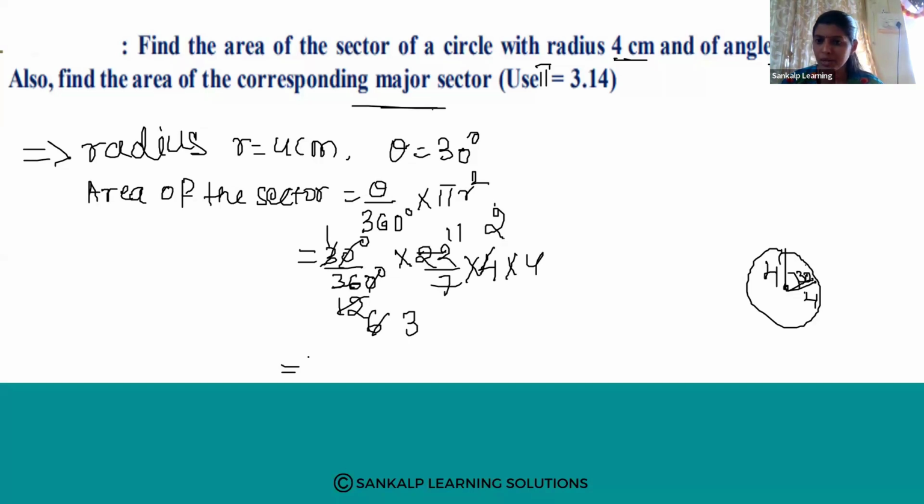Will anything divide further? No. So 1 into 11 is 11, 11 into 2 is 22, 22 into 4 is 88. So 88 divided by 3 into 7, that is 21. So 88 divided by 21 you will get 4.19 centimeter square. This is the area of the sector, right?